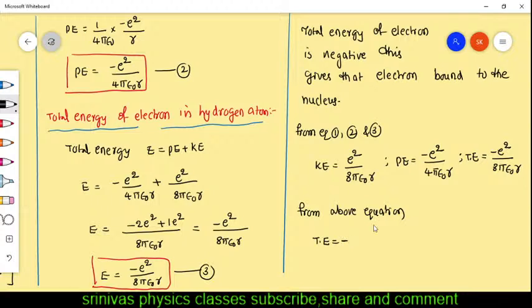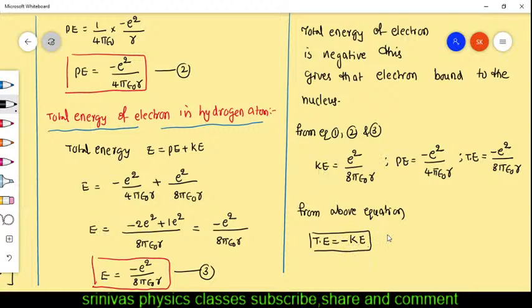Minus we can keep aside, remaining is E square by 8 pi epsilon naught r, it is the kinetic energy. Can we write like this? Total energy equal to minus of kinetic energy. Why? Because total energy is minus E square by 8 pi epsilon naught r, minus keep aside and remaining E square by 8 pi epsilon naught r is the kinetic energy, then we write minus kinetic energy.